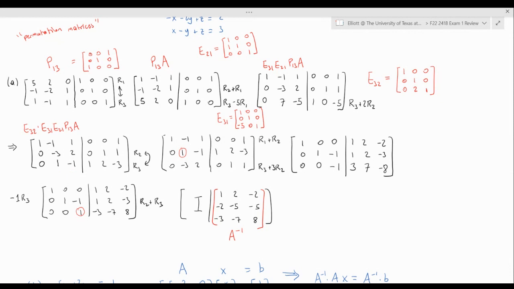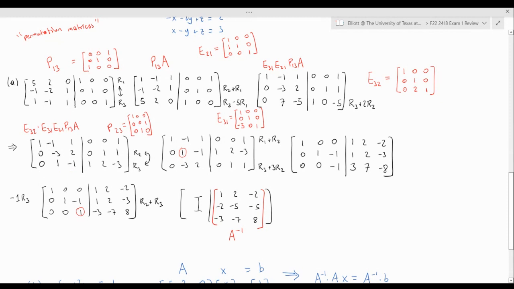This will give us another permutation matrix, P23. So swap rows 2 and 3 in the identity matrix to get P23. We get a couple more elementary matrices here.